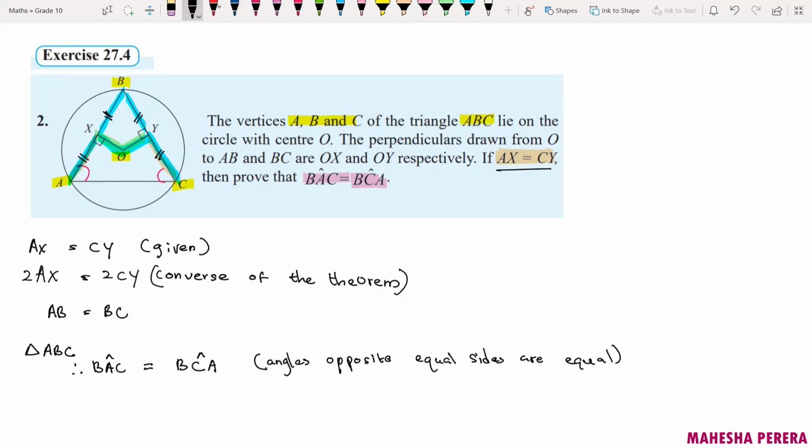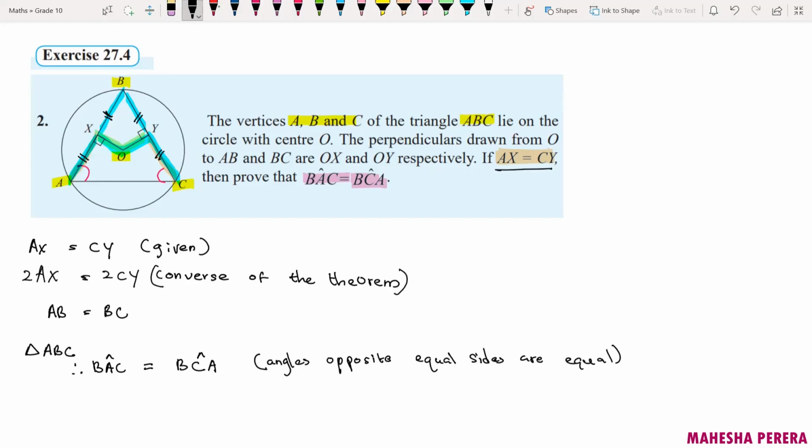And then I multiplied both sides by 2. If I multiply AX by 2, I get 2AX, and CY by 2, I get 2CY.